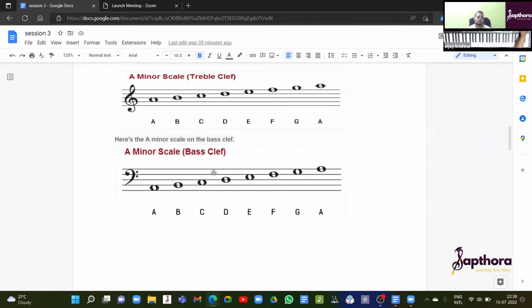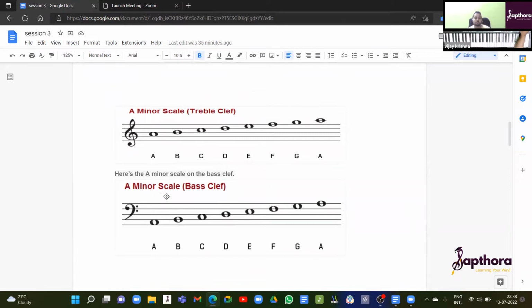So before going to the playing part, you need to understand these symbols and remember them. Both will be useful for playing parts. One will be useful for the right hand, called the treble clef, and one for the left hand, called the bass clef.